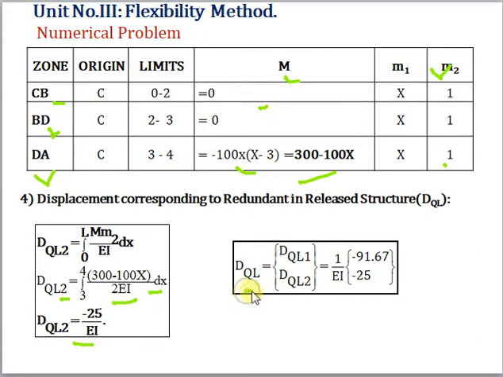Therefore DQL is made of DQL1 and DQL2: 1 upon EI in a bracket, minus 91.67 and minus 25. This is the value of DQL, the displacement corresponding to the redundant in the released structure.